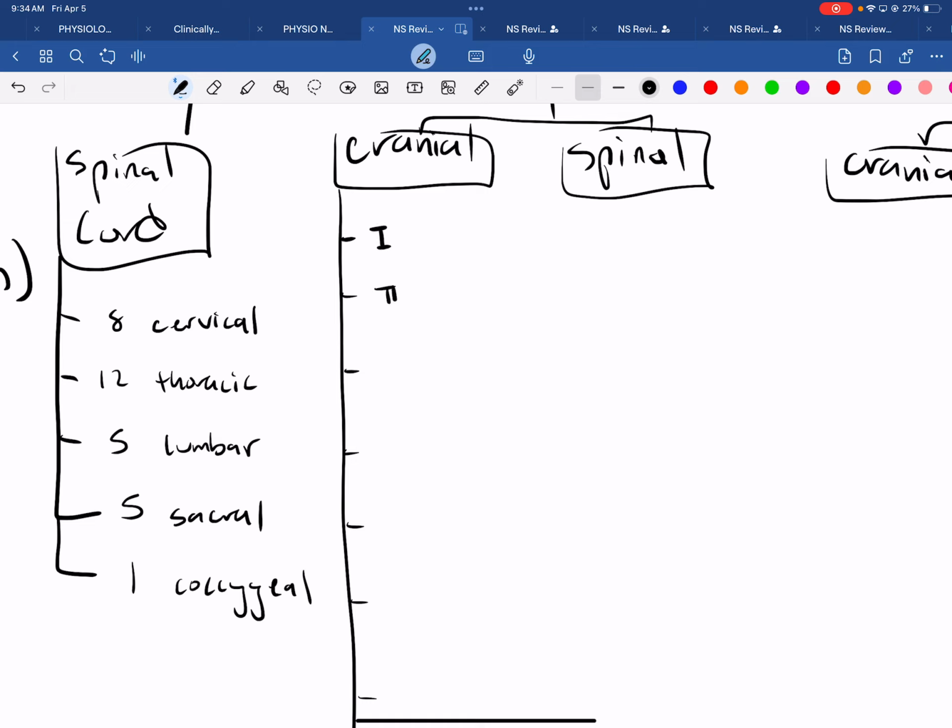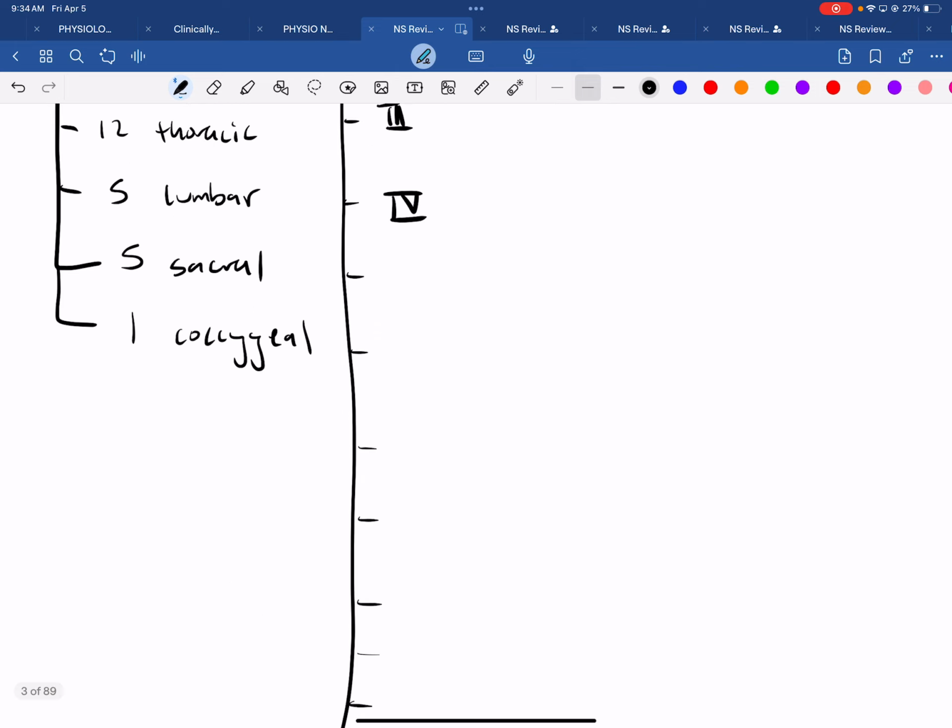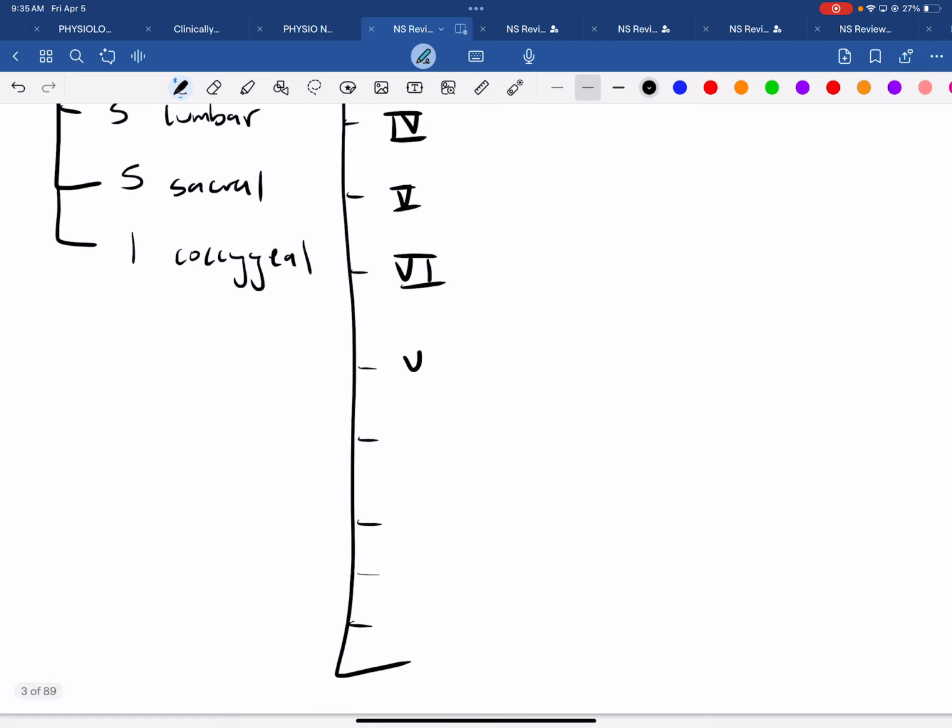So that's 1, 2, 3, 4, and 5 is a V. 6 is that. 7, 8, 9 is that. 10, 11, 12. So that's what the Roman numerals look like.